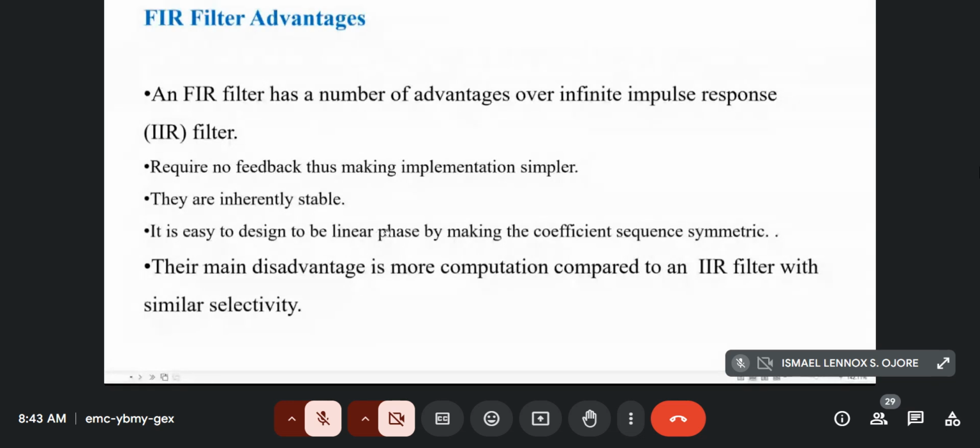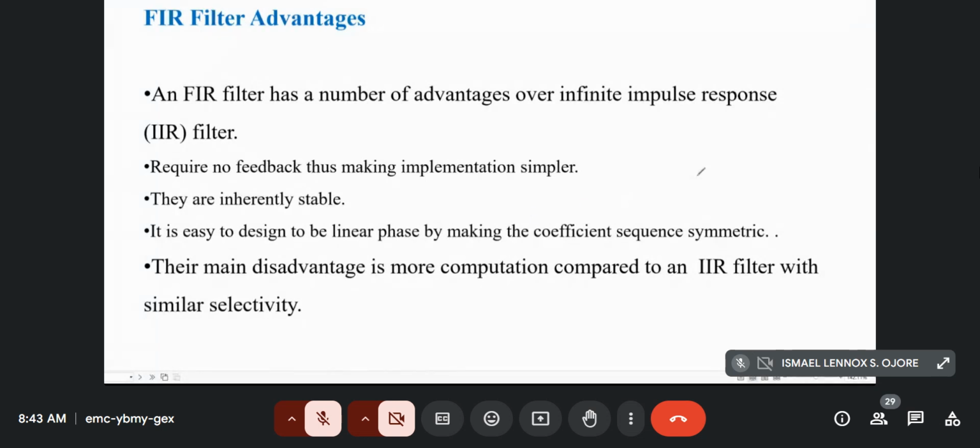You want it to be linear phase. You don't want distortion in the signal. And it's very easy to do, as we are going to see with FIR, so long as you make the coefficient sequence symmetric. So what do we mean by sequence symmetric?